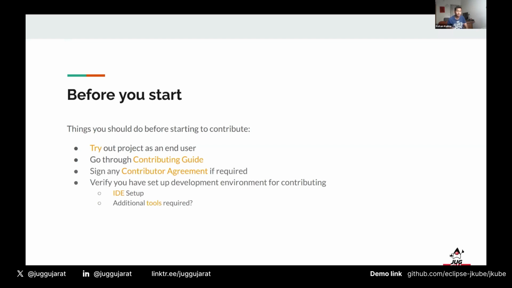This is also something I was talking about: in the projects and communities where the startup guides and the contributing guides are not specified properly, they probably don't care that much about external contributors.